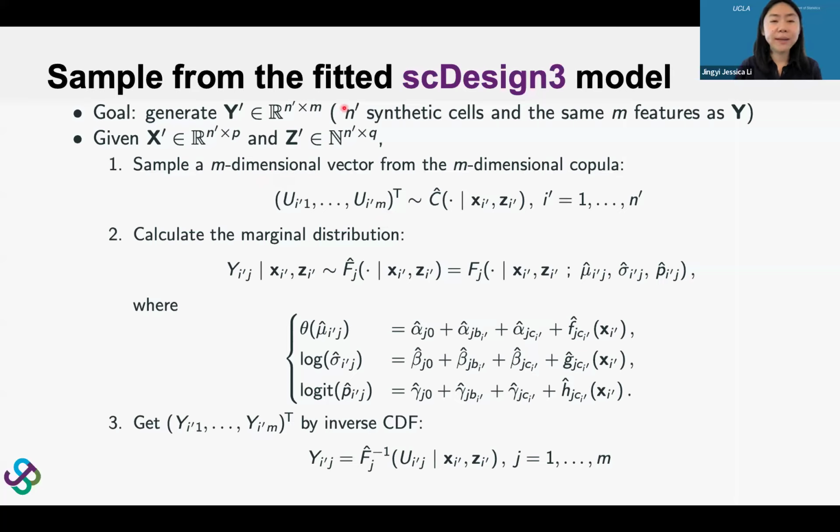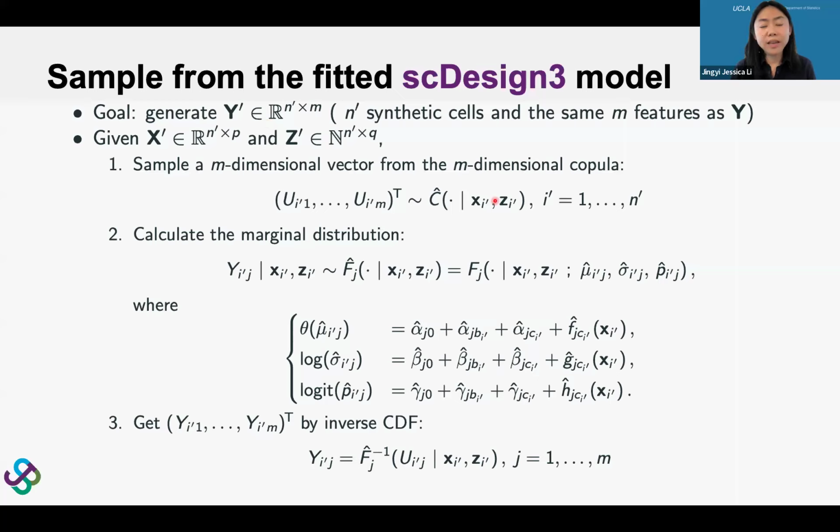Say, if I want to sample m-prime synthetic cells with the same m features as in my original data used for model fitting, then I also need to specify the m-prime synthetic cells' p-dimensional state covariates, and the q-dimensional design covariates if I use them. I need to specify them because my model is conditional on them.